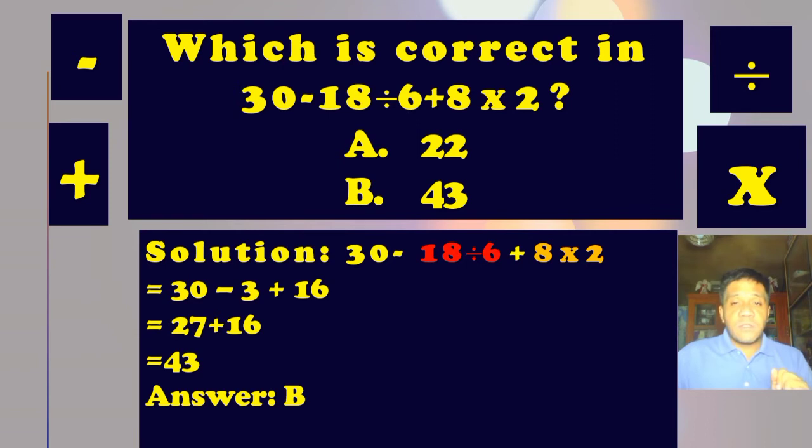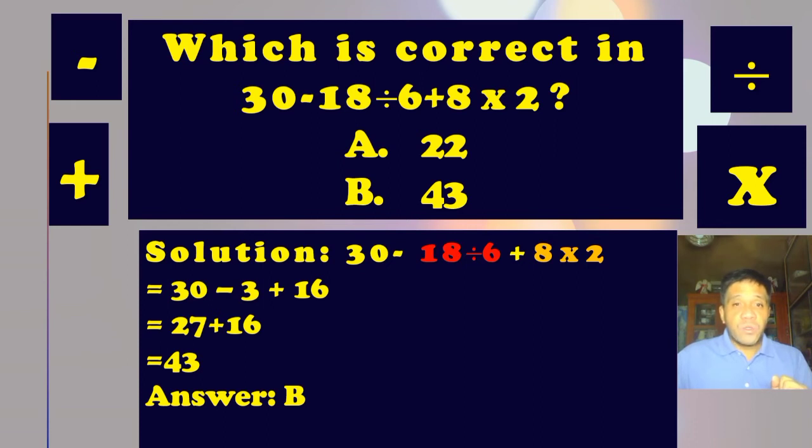As you notice, the division is from left to right, so it comes first before the multiplication. So we operate the division first, and then we have 30 minus 3, which is 27, plus 16, copy the 16. Then we have 27 plus 16, and we have 43.